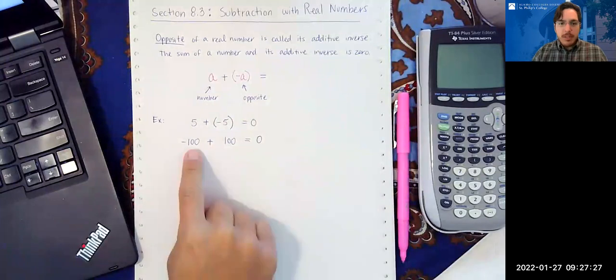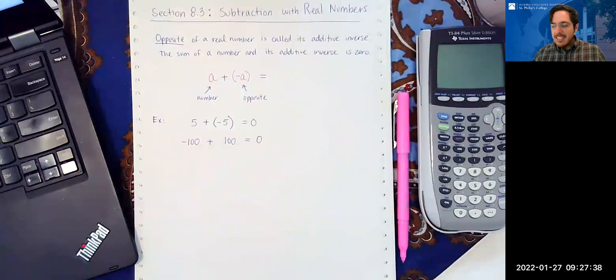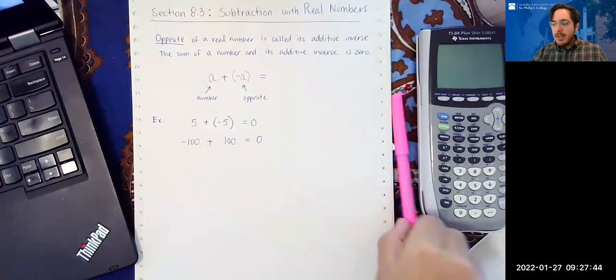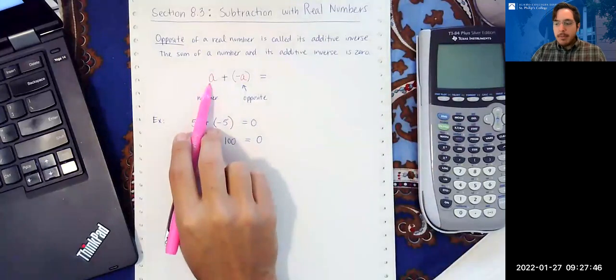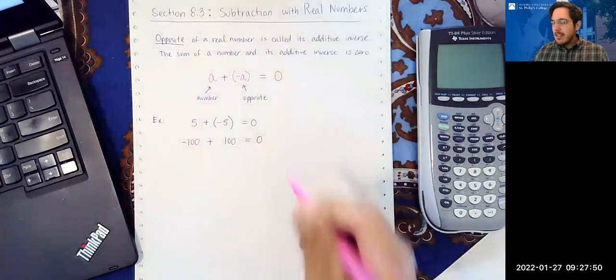Like if I had negative $100 in the bank and then I decided, okay, finally I'm going to go ahead and deposit that $100 into my bank account. What should the bank tell me that I have as a balance? Well, it should tell me that I have $0 because I just paid back my debt, right? So if I have a number plus its opposite, that is always going to be 0.